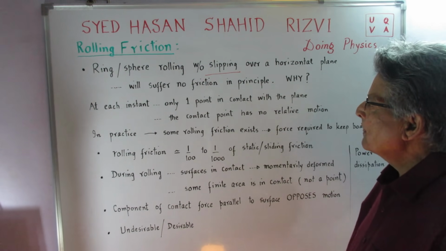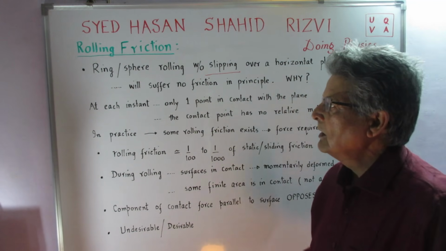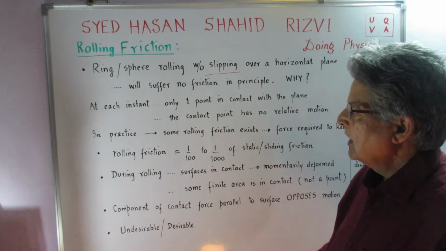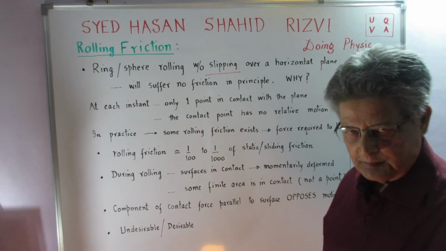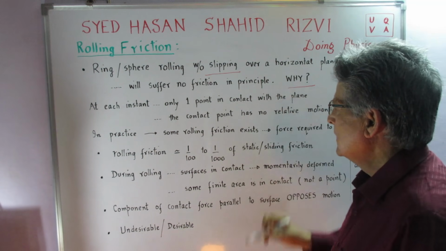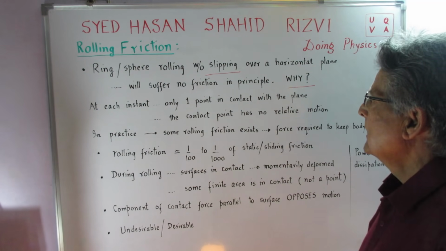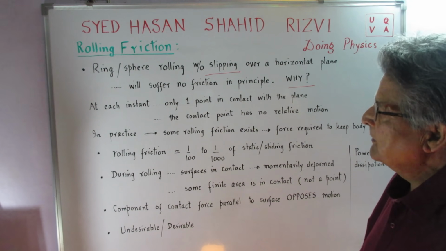In principle, this kind of motion of rolling will suffer no friction. The question is why? I have made a very bold statement, but the question is why?